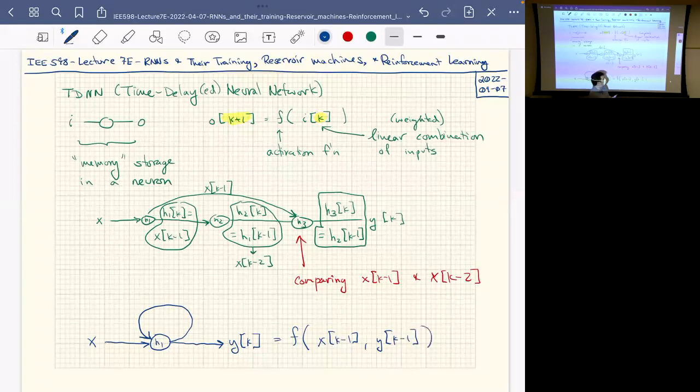So by setting up the activation function and the thresholds and whatever else on this neuron here, now I can look for patterns that are related to my input and my past output. And so my output is something I have a little bit of control over.